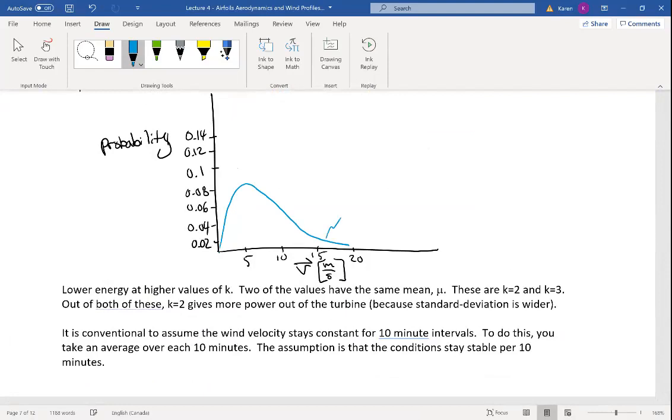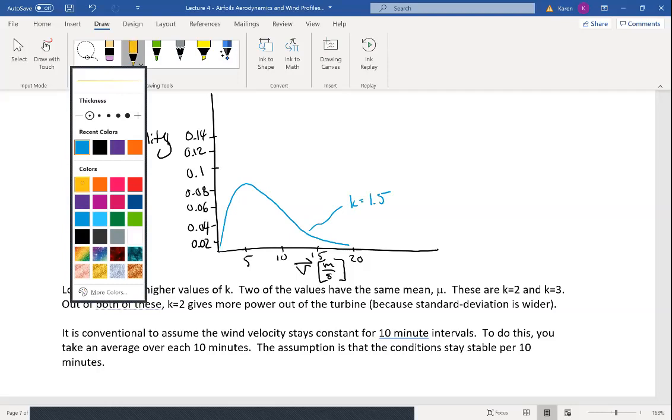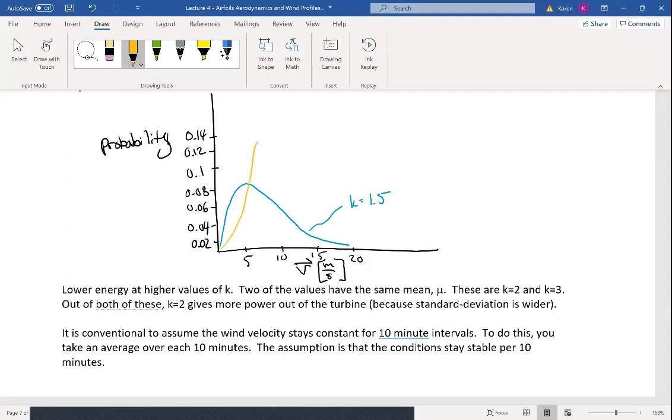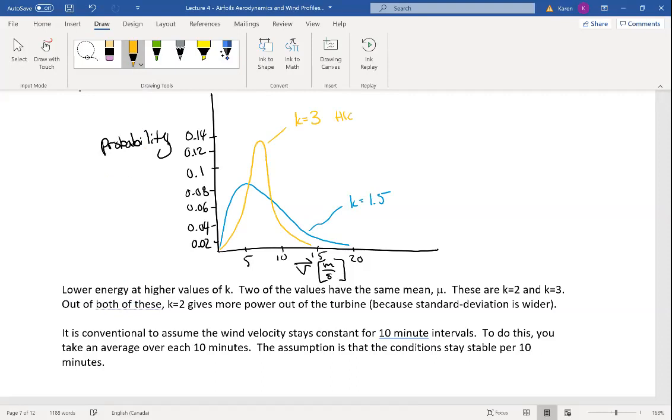Not a lot of high wind speeds, mostly around 5 meters per second. So this is K equals 1.5 shape factor. Now, if it had a really high K value, then it's going to peak like this. So this is K equals 3. So this is a high K value.